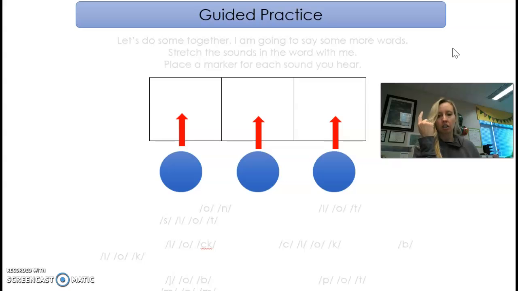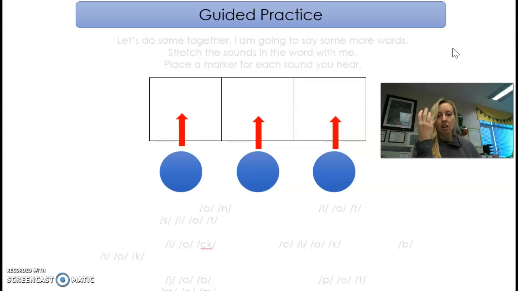Lock, L, O, K, 3 sounds. Clock, K, L, O, K, 4 sounds. Block, B, L, O, K, 4 sounds. Job, J, O, B, 3 sounds. Pot, P, O, T, 3 sounds.